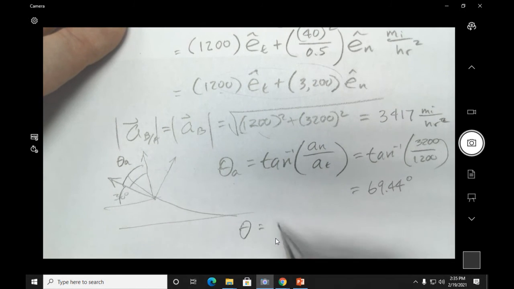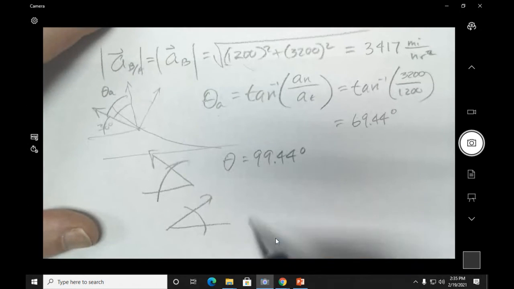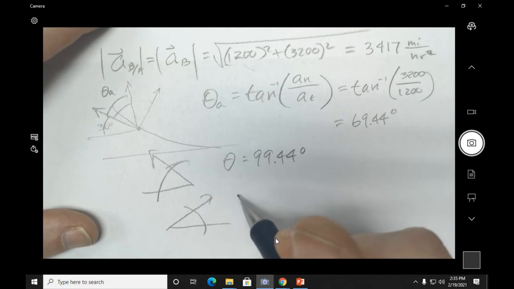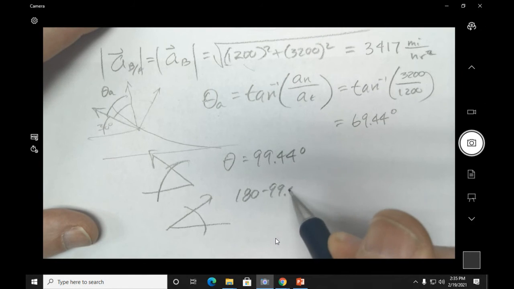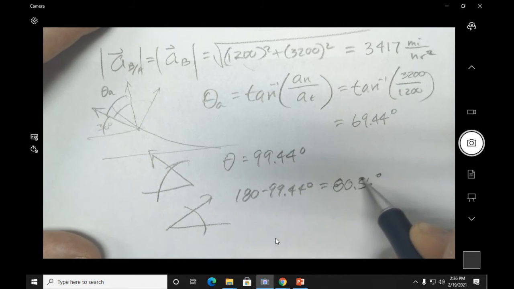So we're going to predict that it's going to be 99.44 degrees in that direction, but we would prefer to go in from a quadrant that's like this right here. We'd rather have that quadrant. So it's just going to be 180 minus the 99.44 degrees, which would, let's see, yes, get us 80.56 degrees.